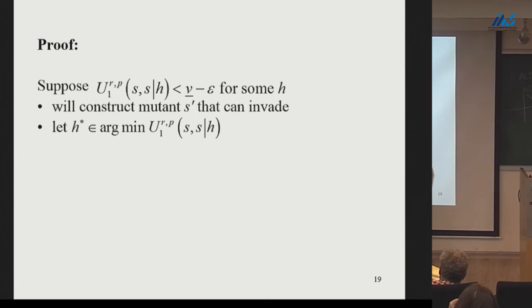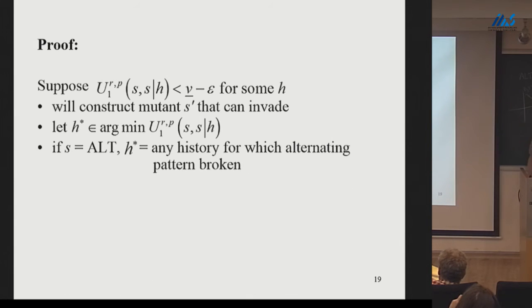And so this minimum exists. In particular, this bad history leading to bad continuation payoffs for alt would be any history where there's been a failure to alternate at some point.